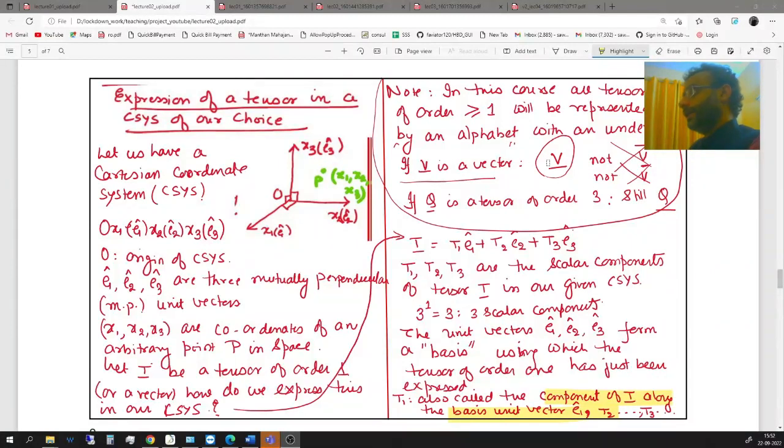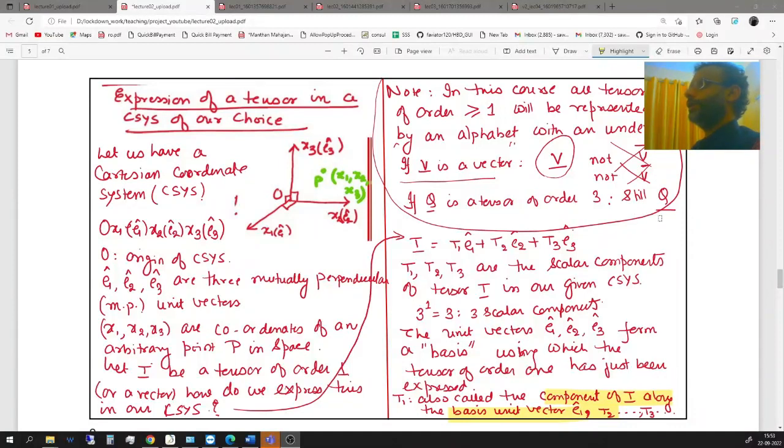Even when, say, V is a vector, even then I will use an underbar here. And even when Q is a tensor of higher order, say order 3, I will still denote it with an underbar. Now this is different from some textbooks in which the author represents a vector with an overbar or an arrow on the top of the symbol, whereas for higher order tensors they still use an underbar.